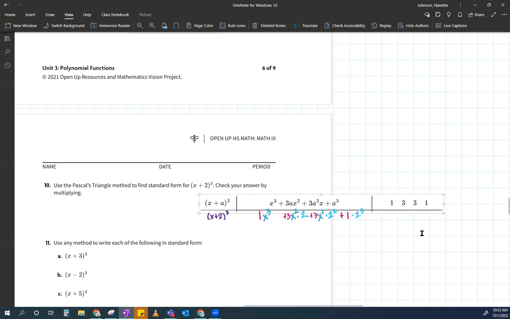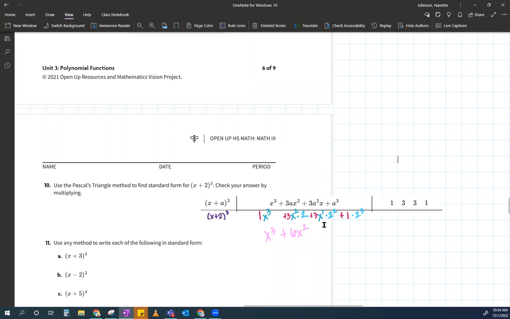So then the last step is I'm just going to clean this up. So 1 times x cubed, well, that's just x cubed. 3 times x squared times 2 is plus 6x squared. Three times x times 2 squared, well, 2 squared is 4. 4 times 3 is 12.